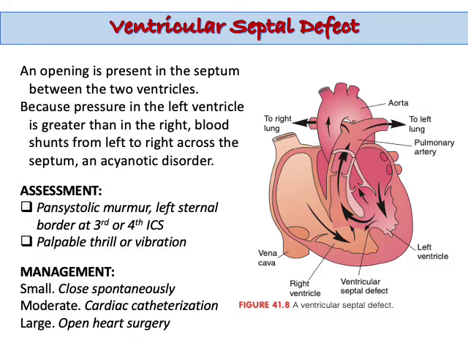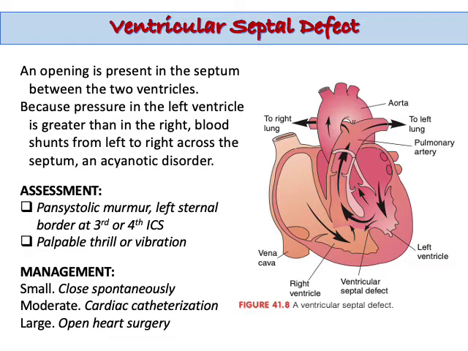For the management, small VSDs make up to 85% of all the cases. They are usually so small that they close spontaneously. Moderate ones are easily resolved through cardiac catheterization.